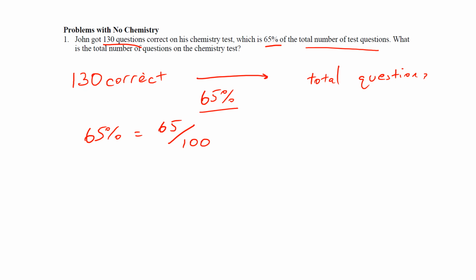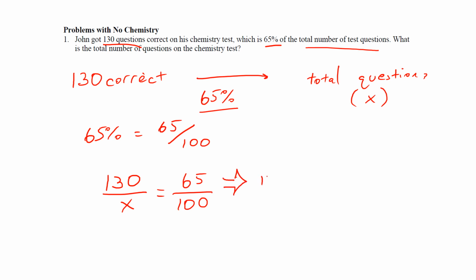So let's think about this. Well, he got 130 correct out of some total. We're going to call that X here. And that's equal to 65 over 100. So now we have our equation. Now we can solve for it. This is something we'll probably do again in the future, looking at how to solve these types of problems, solve for X. But the first thing you should usually do is cross multiply.